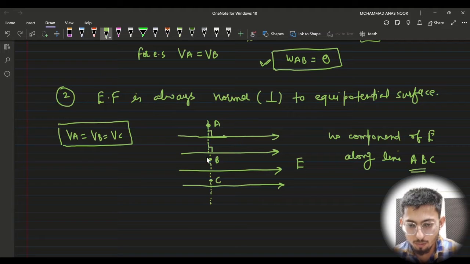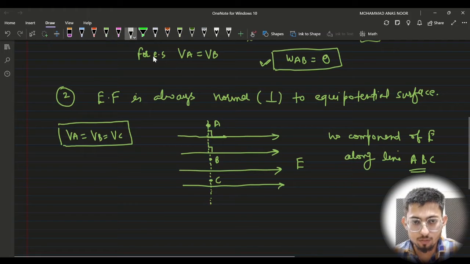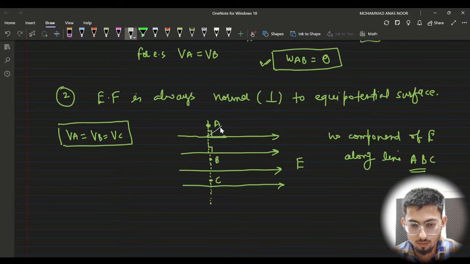This whole electric field is acting in this direction. If the electric field were like this, for example, and if this is theta, then this would be E cos theta, and this would be E sin theta.